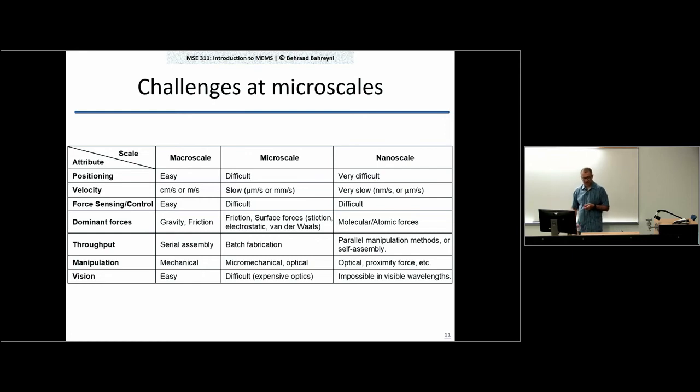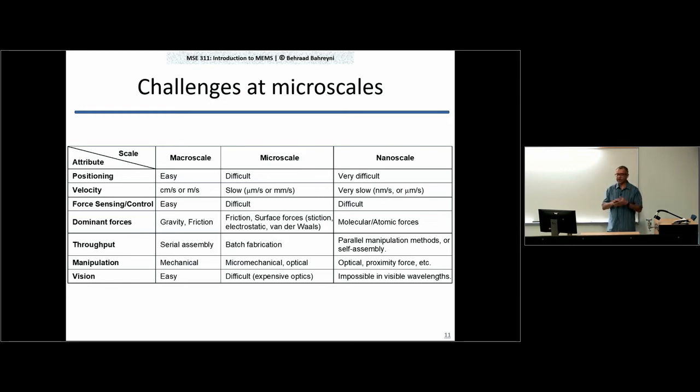At nanoscales, things are getting a little bit trickier. Now, one issue is that with nano devices, I'm not talking about nano electromechanical systems. I'm talking about nano devices or nanoparticles, and you can take advantage of what chemistry provides to you, right?